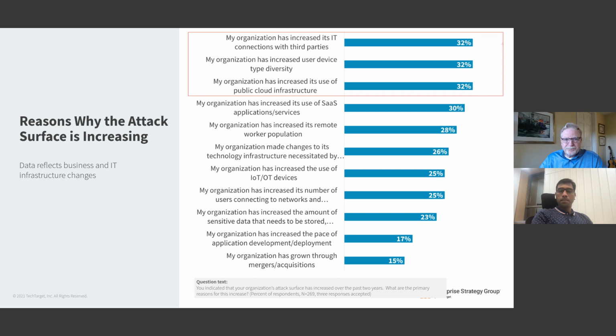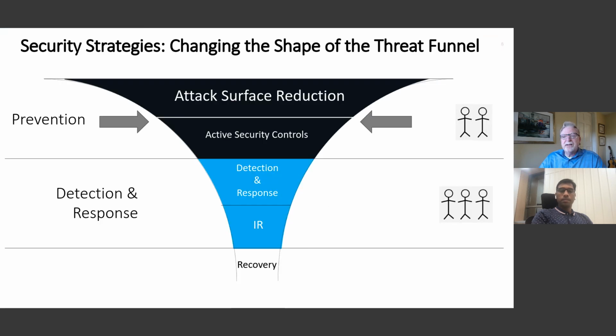Hey, when I think about threats, this is my own diagram here. So if anybody looks at it and says, that looks funny, let me describe why I'm using this diagram.